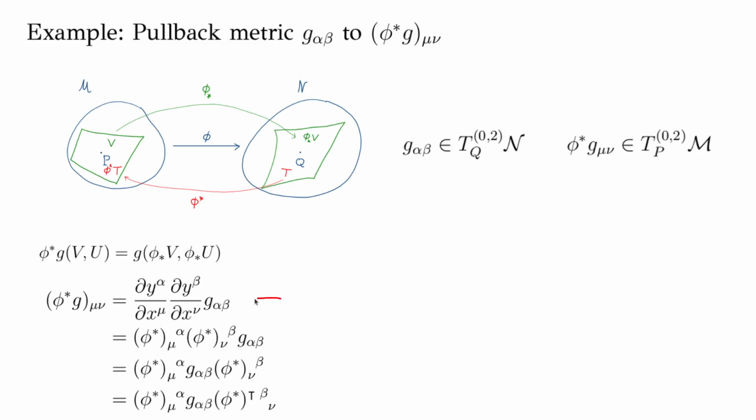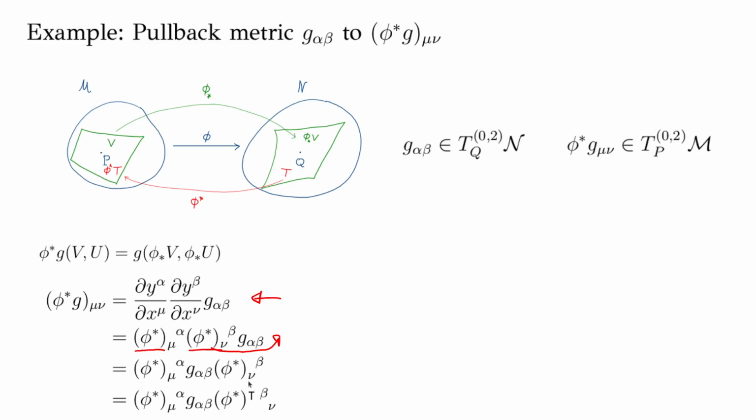Here we use the formula that we derived before for general 0,L tensors. Now L is equal to 2. So we have here the matrices phi star. Now we move this one here and sandwich G between the two phi star matrices.